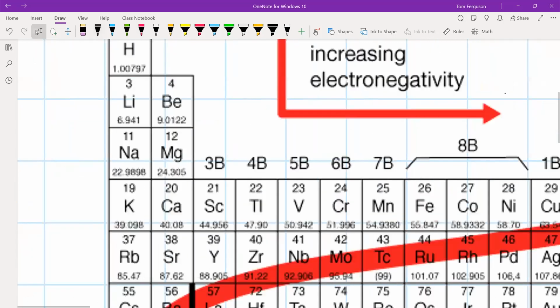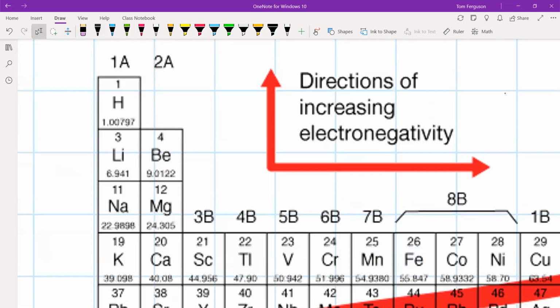Hydrogen is... I'm going to do this differently here.